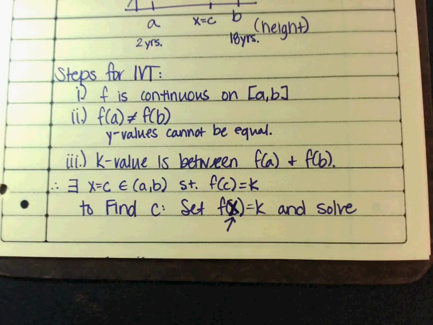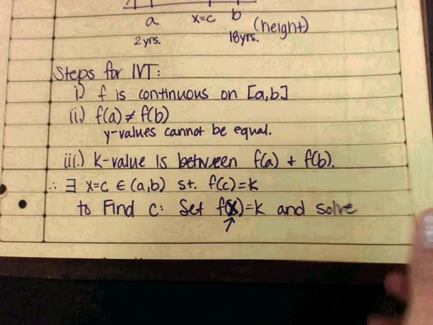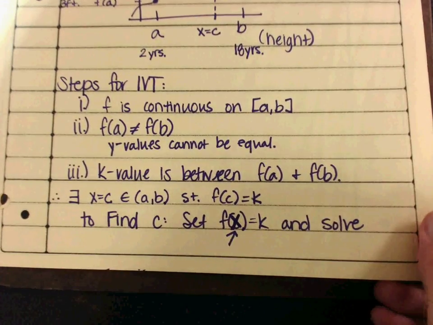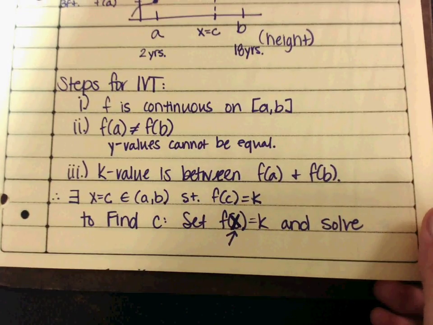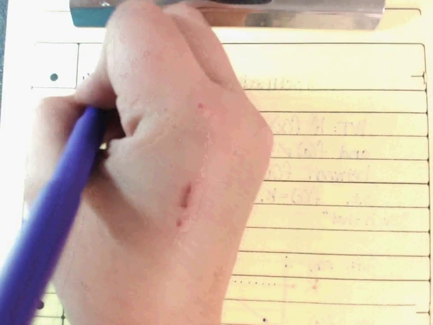All right, turn the page. We're going to look at our first example. Everybody good? All right. First example, number 1, is going to be for f of x equals x cubed.